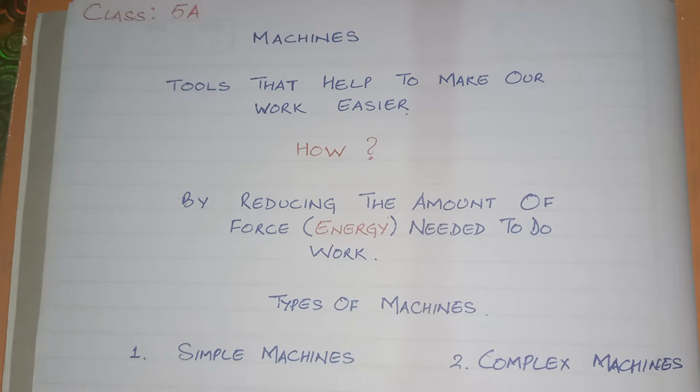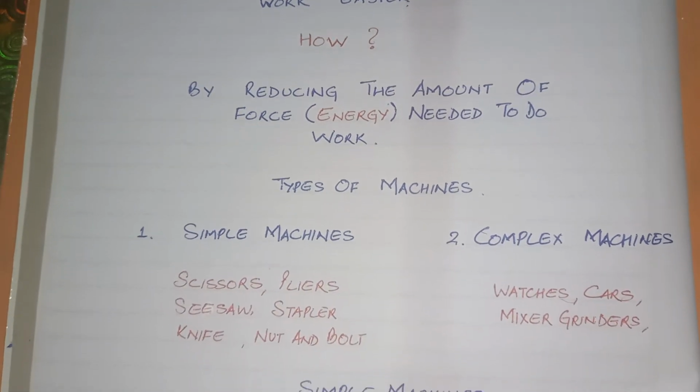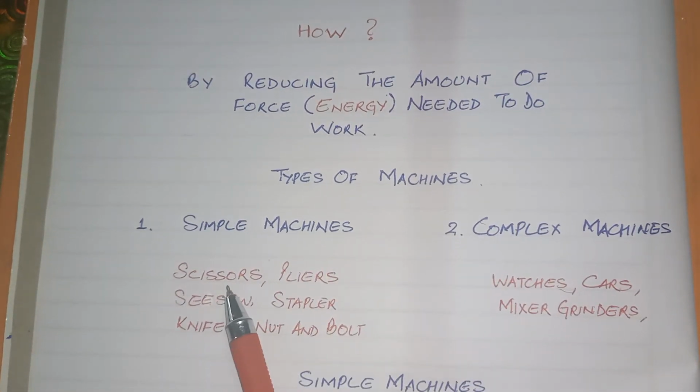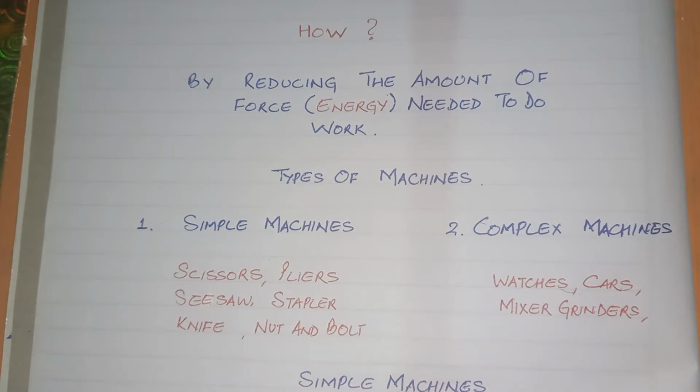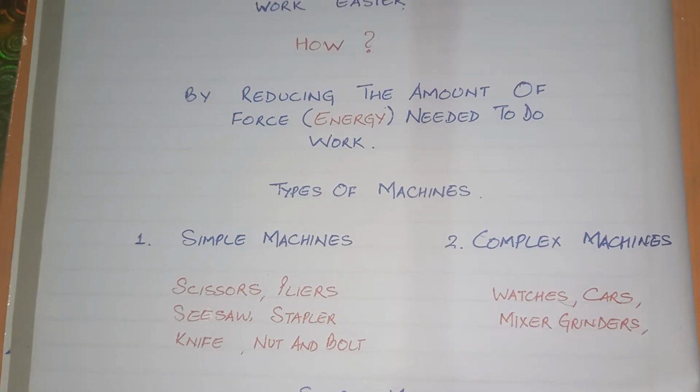Examples of simple machines are scissors, pliers, seesaw, stapler, knife, nut and bolt. We use these simple machines in our everyday life, at school, at home, in the play field. We use these simple machines a lot.